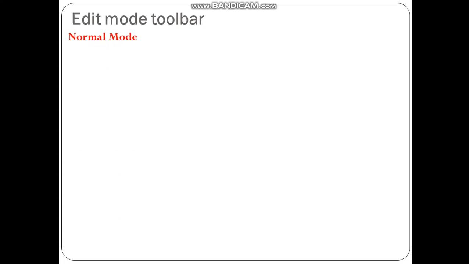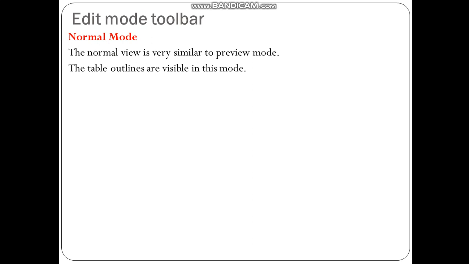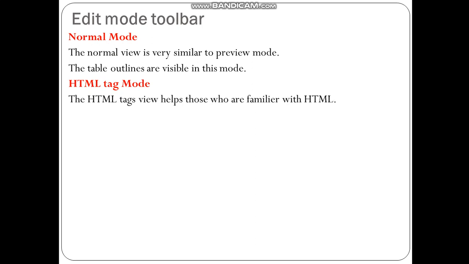In the edit mode toolbar, the next mode is normal mode. The normal view is very similar to preview mode. The table outlines are visible in this mode. Remember, normal view allows you to create your file in a what-you-see-is-what-you-get manner. Then the last is HTML tags mode. The HTML tags view helps those who are familiar with HTML.